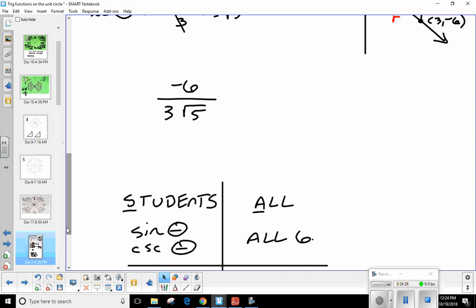Okay, well now it becomes 2, but see, 3 will divide into itself one time, but 3 will divide into -6 twice. So then we had the -2 over the square root of 5. So it's just like before, the -6/3 became -2. Does that make sense?